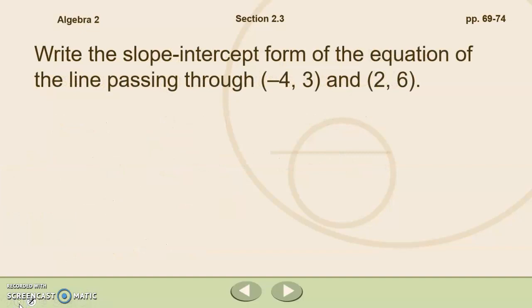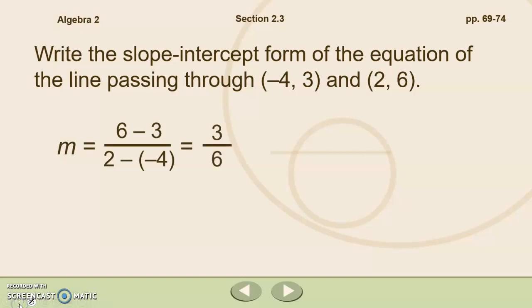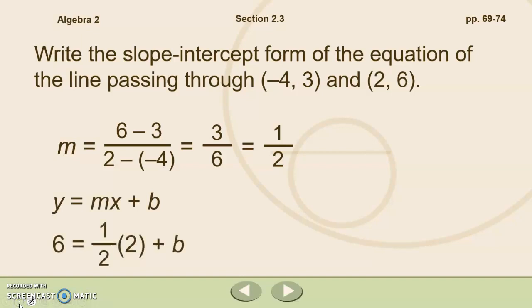Write the slope-intercept form of the equation of the line passing through (-4, 3) and (2, 6). The first thing that we can do is find the slope using y1 minus y2 over x1 minus x2, and we find the slope to be 3/6, which simplifies to 1/2. We then plug in what we know into y equals mx plus b, and we get our y point and one of our x points.